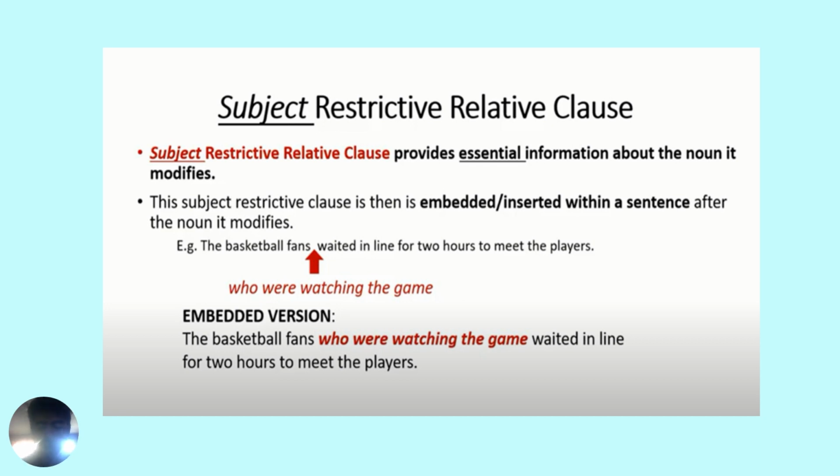So after I talked about it for a little bit, I came up with this: who were watching the game. So now we have this improved version. The basketball fans who were watching the game waited in line for two hours to meet the players.